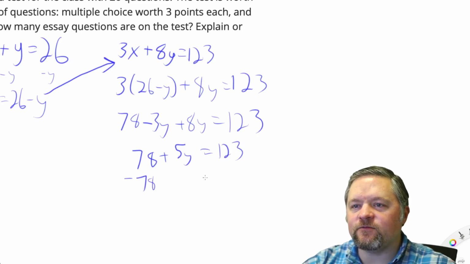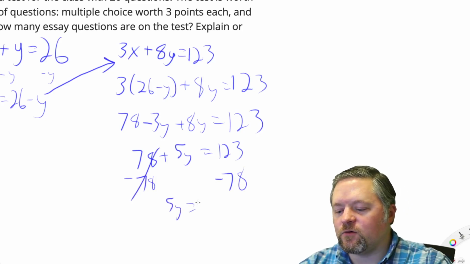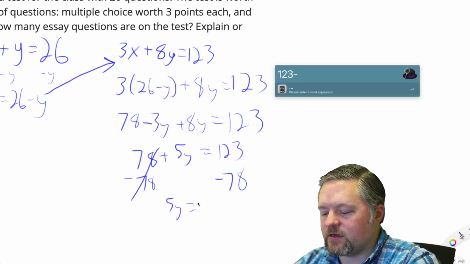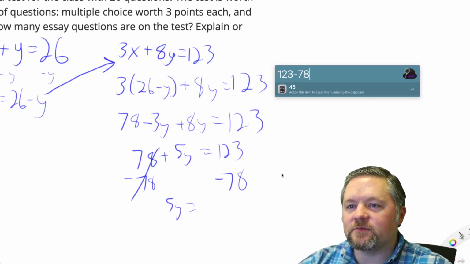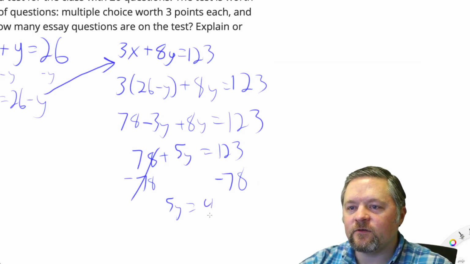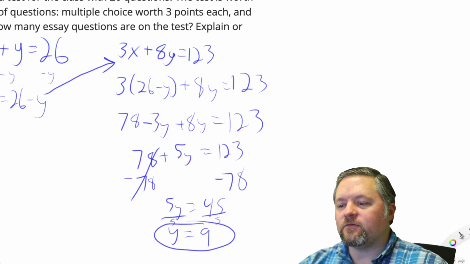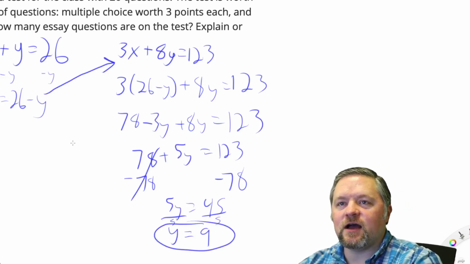Subtract 78 from each side. Those will cancel. 5y equals 123 minus 78, which is 45. So y, divide each side by 5. Y equals 9.